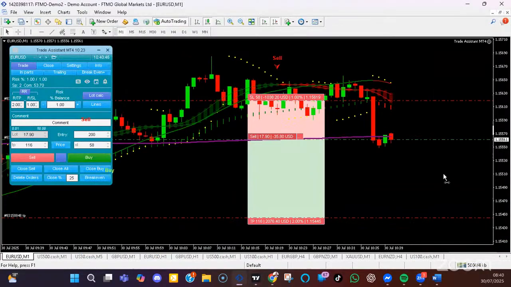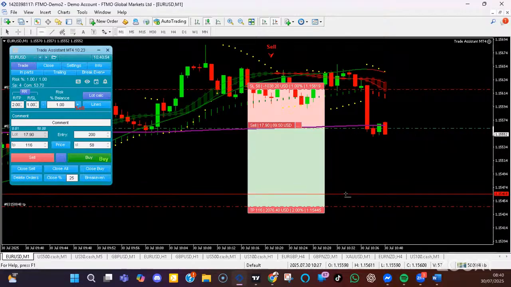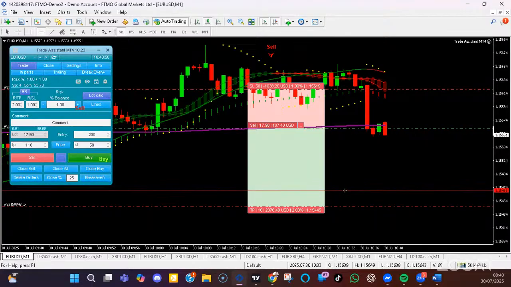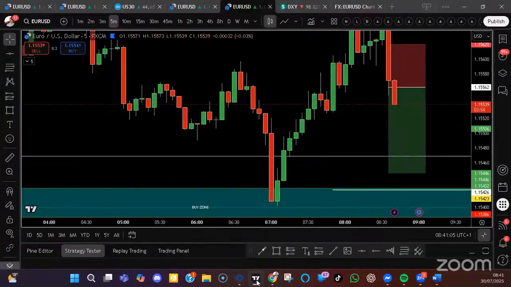So this area here is the start of that imbalance candle on the 5 minute. There, look. Actually, yeah, there.